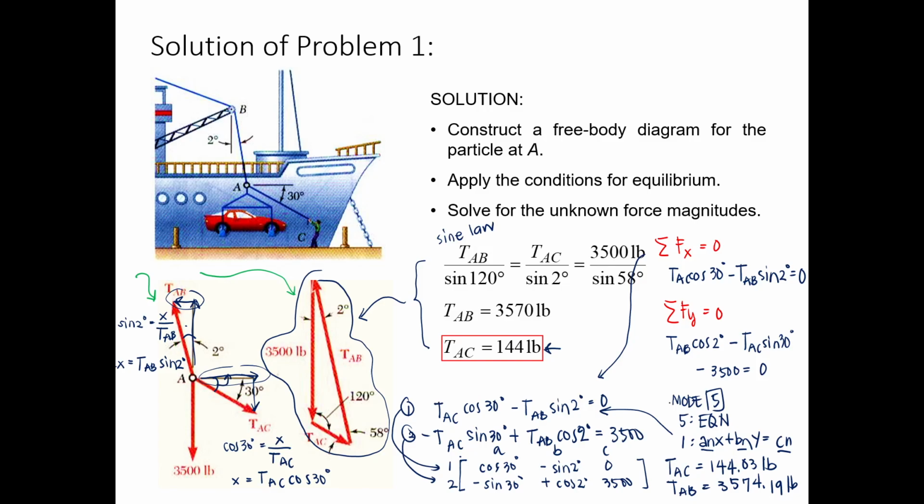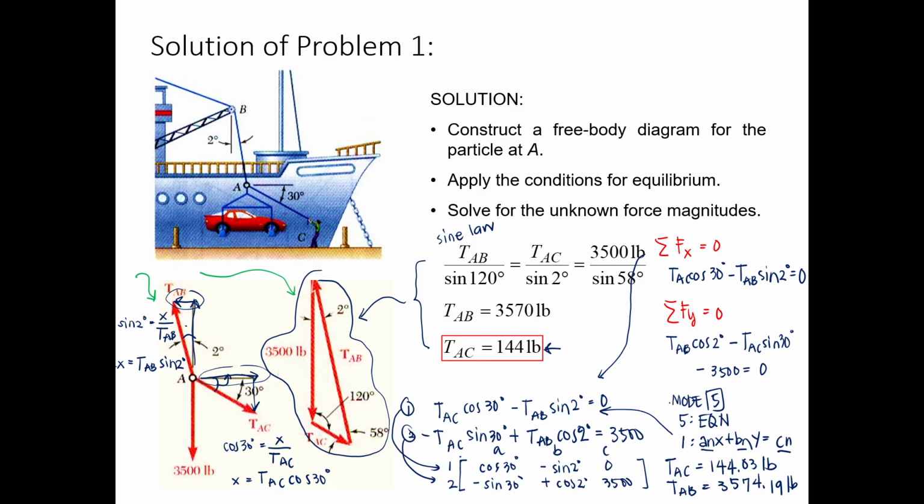So if you don't want to use the complicated solution, it seems easy, but it may be difficult on your part if you want to create the force triangle. So just go to the basic concept of summation of forces x equals 0 and summation of forces y equals 0.